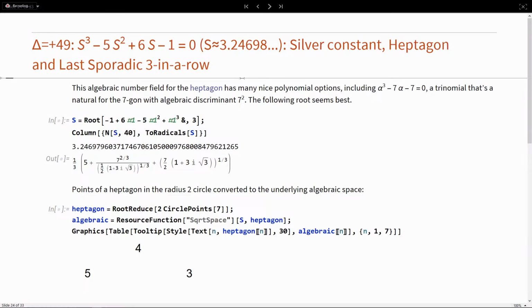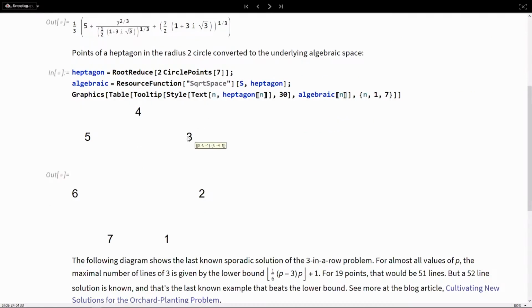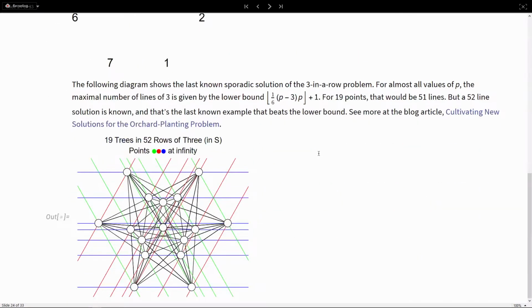The heptagon is next, also known as the silver constant, different from the silver ratio. And all the points are nicely in the space of the silver constant. The last node of the 3 in a row problems, all the vertices are in the space of the silver constant.